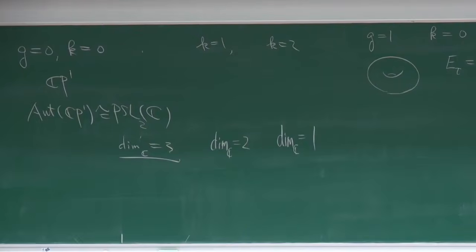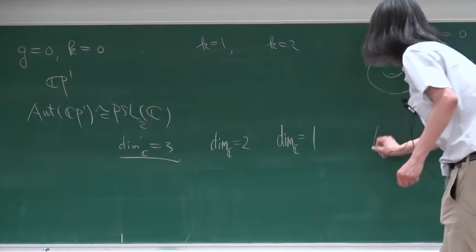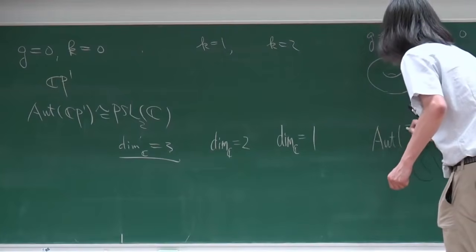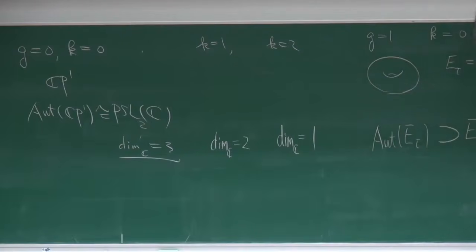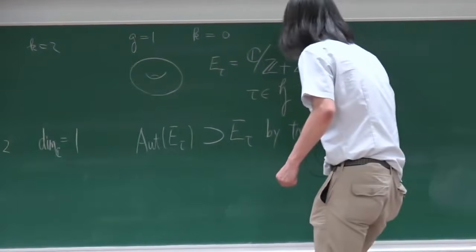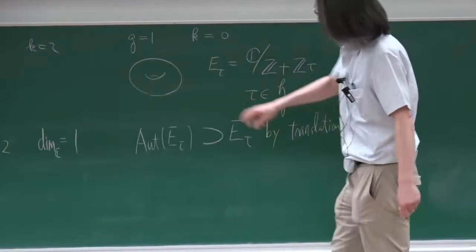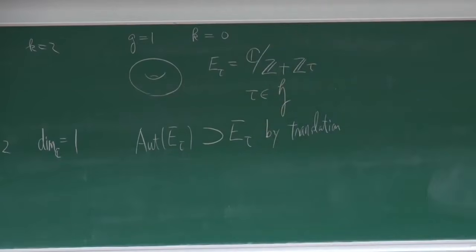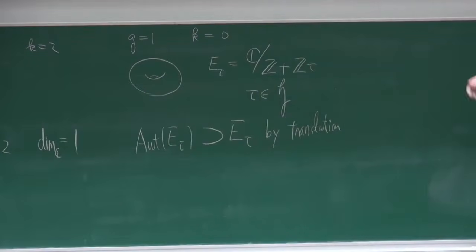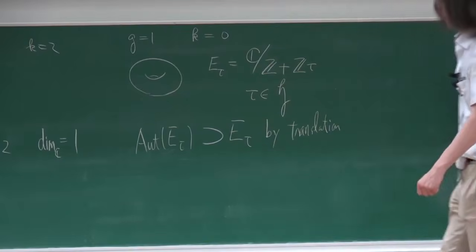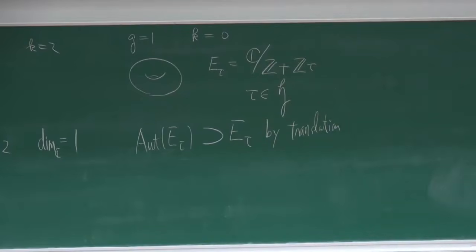But in this case, if you consider automorphisms of this, it contains itself by translation. It's a torus, and you pick one point somewhere, and then you can think of this translation. Sometimes you have a finite extension of this, but anyway, you have this. So therefore, it is not stable.